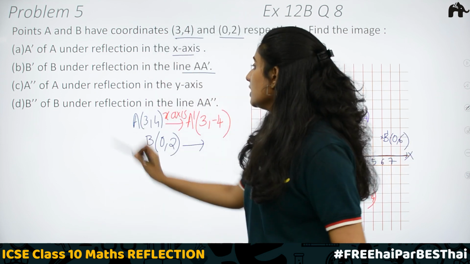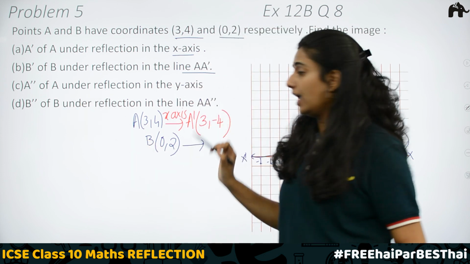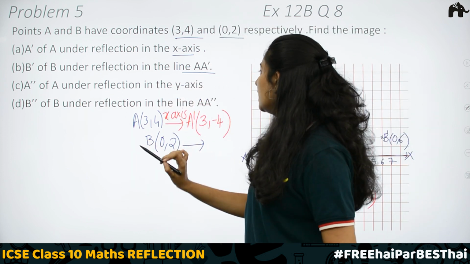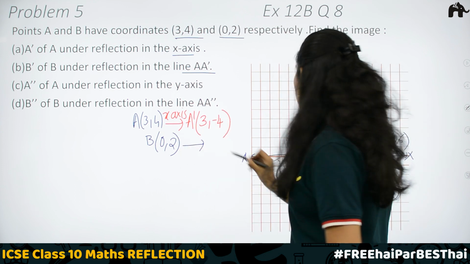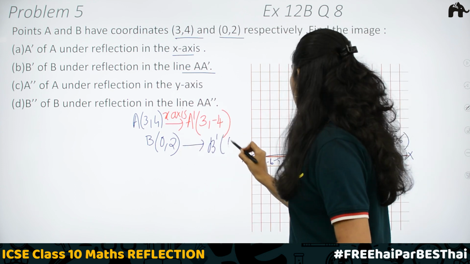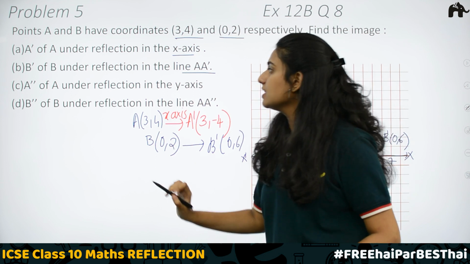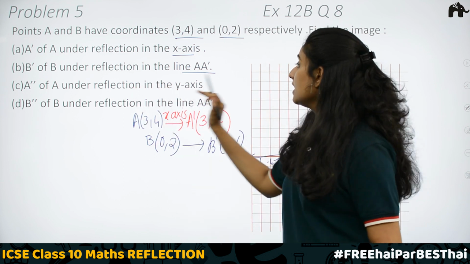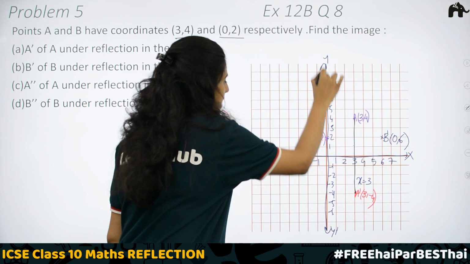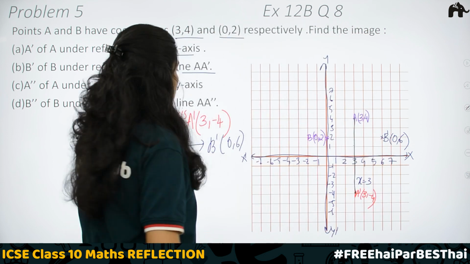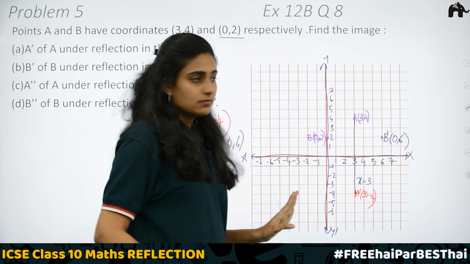Now, what is the third question? A double dash of A under reflection in the y-axis. For the B question, we got B dash. Now, the C question, A double dash of A under reflection in the y-axis. Here, reflection is in the y-axis. We have y-axis here. We have point A here.